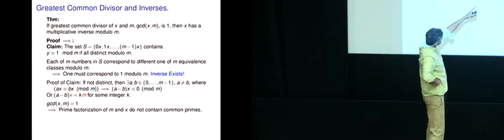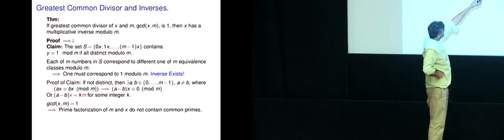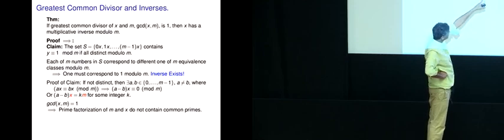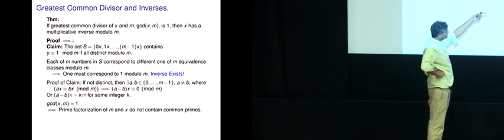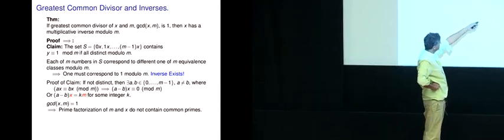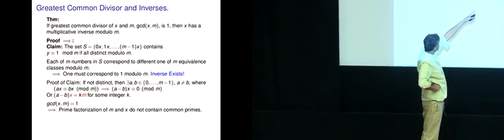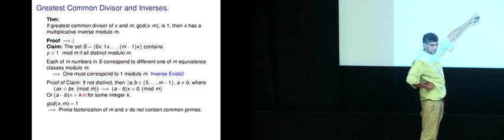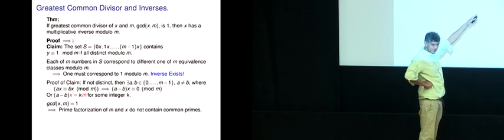But somehow over here, you see this m over here? Somehow all the factors have to be over here on the left. Right? Because they're not in x, but they must be at least in a minus b, because there's an equality. So whatever the factors are in m, this prime factorization is unique. There's only one way to write it down. So once you write it down, the left-hand side has to contain all the factors of m, even with multiplicity.